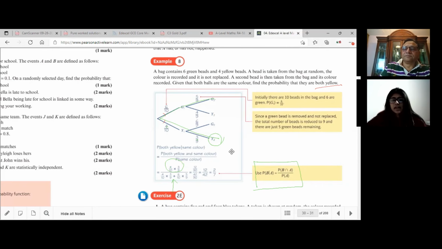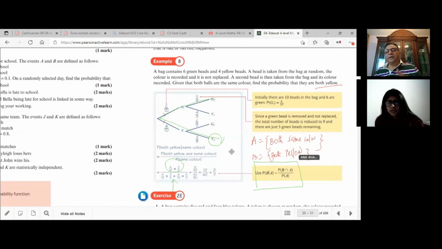Event A is where you get the same color, so both green or both yellow. And event B is both yellow, correct?